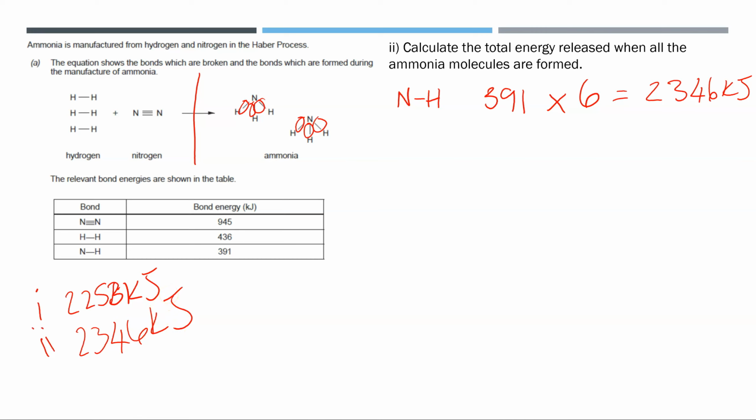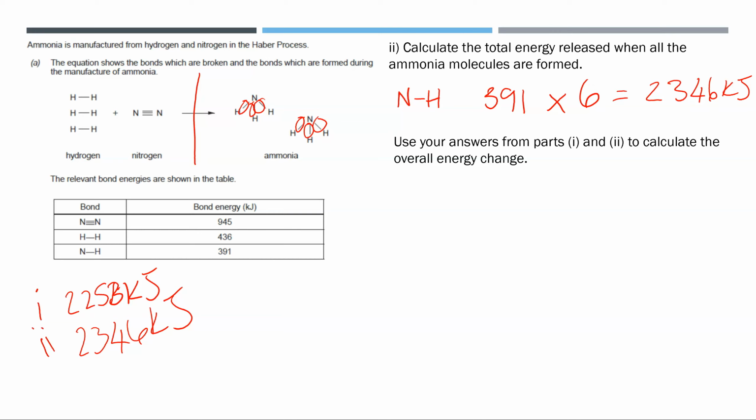Then the last part of this question says use your answers from part 1 and part 2 to calculate the overall energy change. What it means by overall energy change is, remember I said in the beginning that any reaction has two parts.